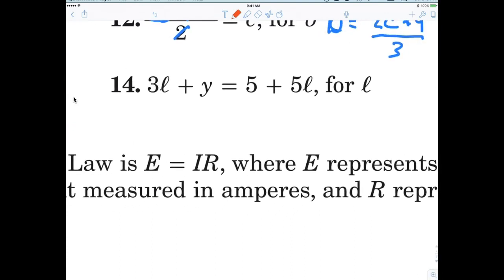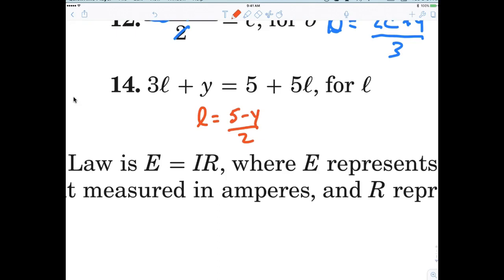All right, Maxine, what do I have to do? Do we just say the answer? Sure, go ahead. Let me see how smart you are. L equals 5 minus y. You're close. Anybody want to help her?